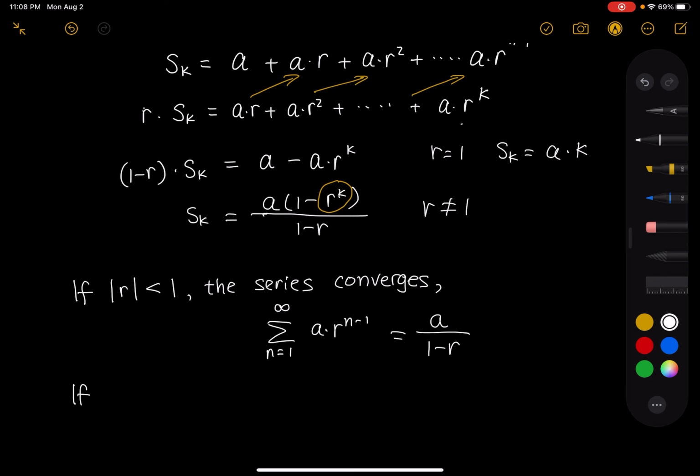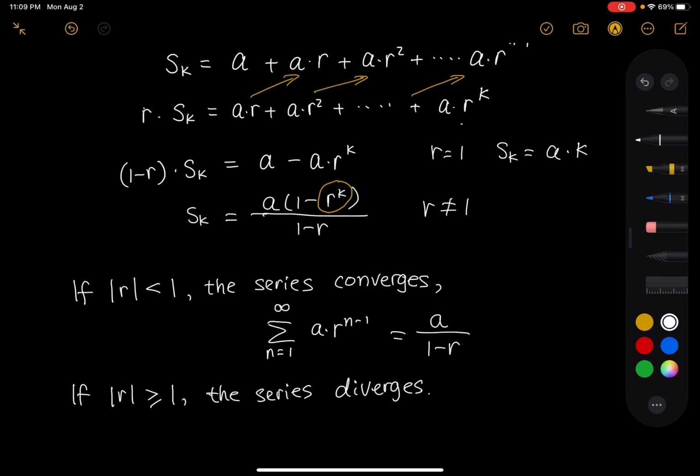If the absolute value of r is greater than or equal to 1, the series diverges. We already talked about when r equals 1, it is a times k.